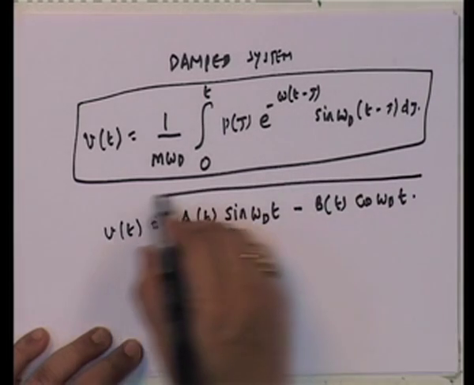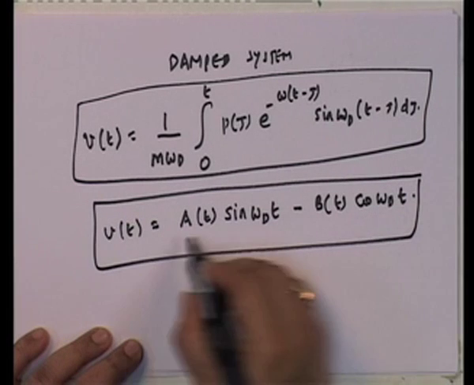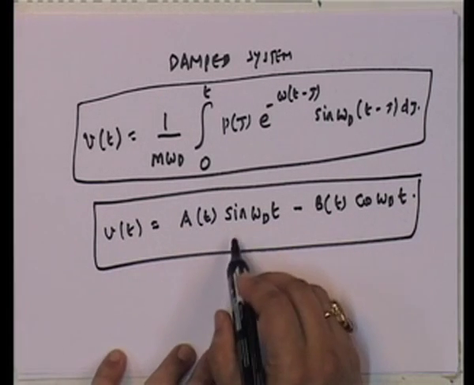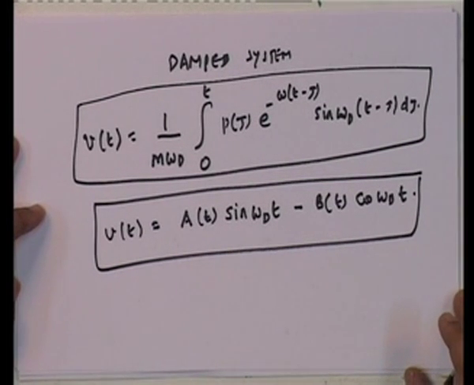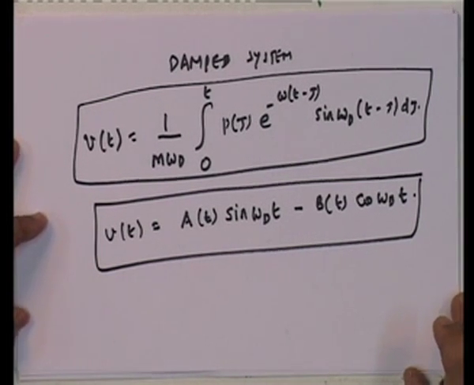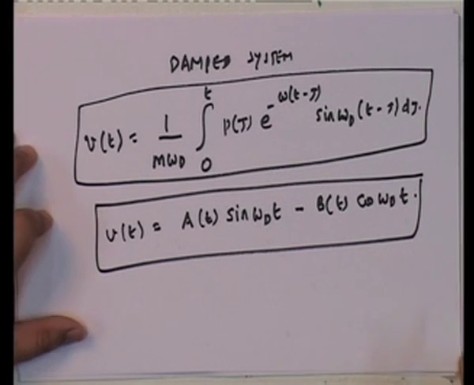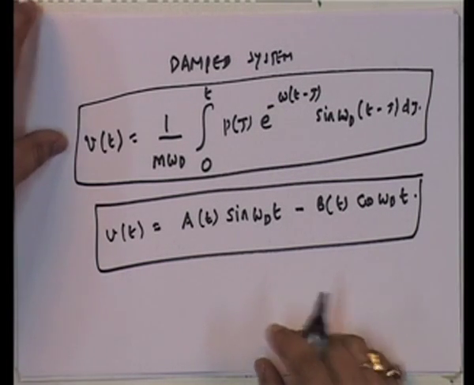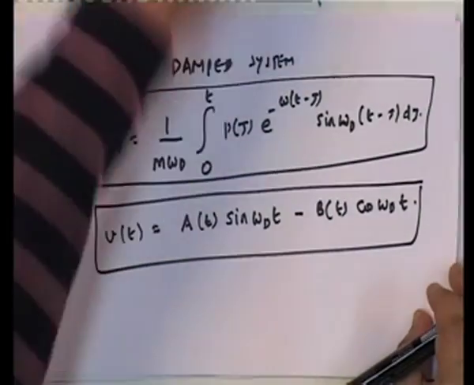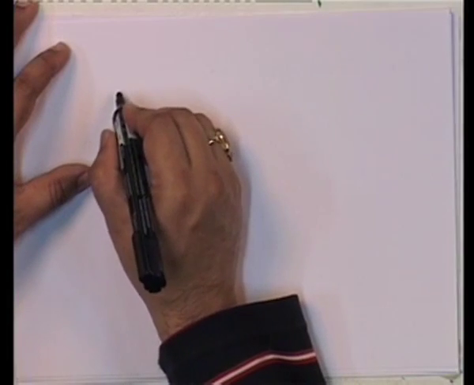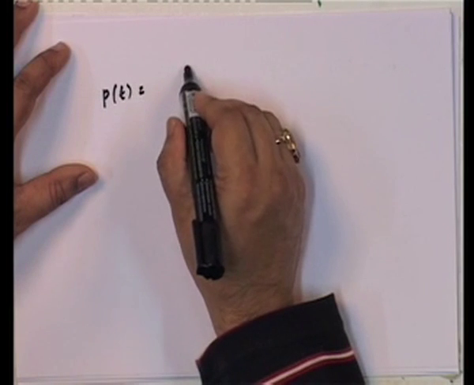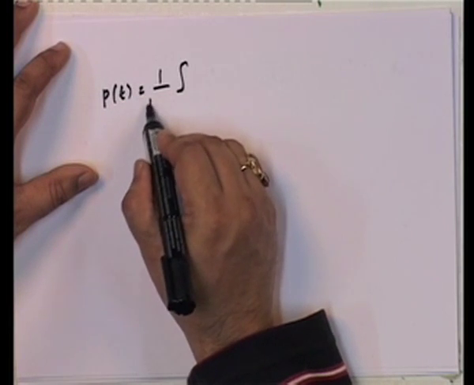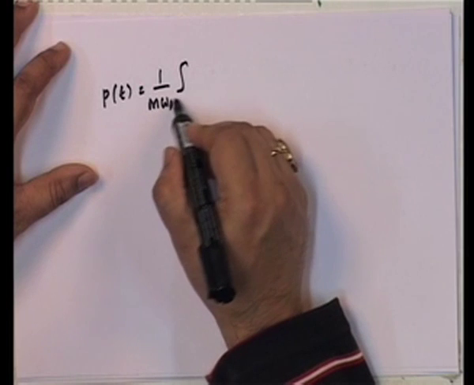If I put this, I can find out A at any time and then go ahead and do it. So, what is A of t? A of t is equal to, okay, let me put this down again so that you don't make an error.